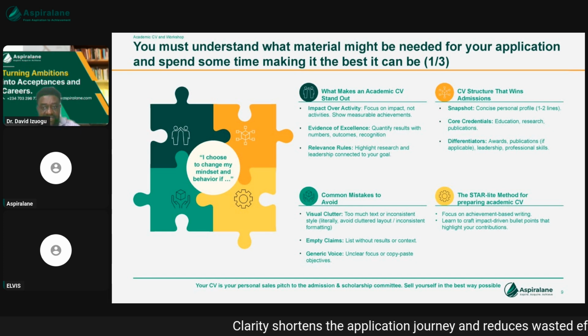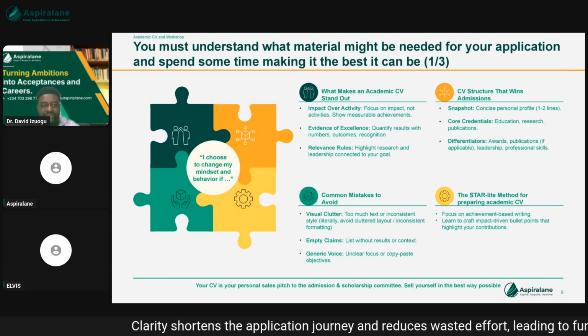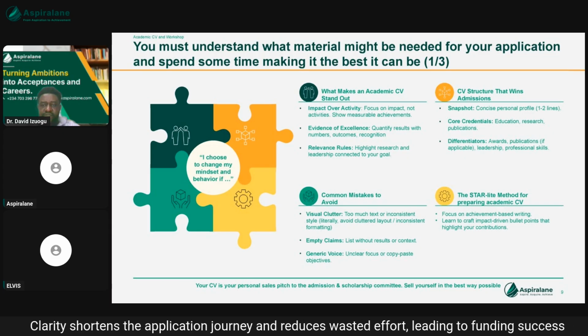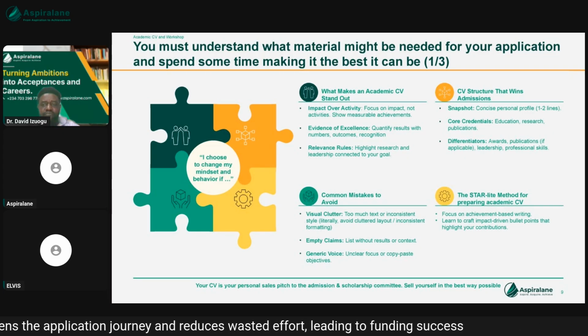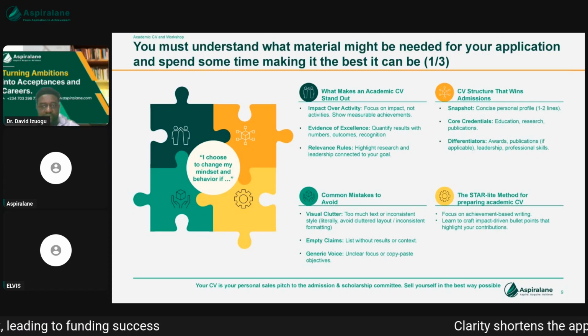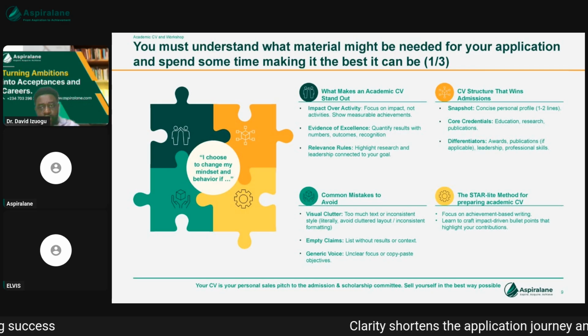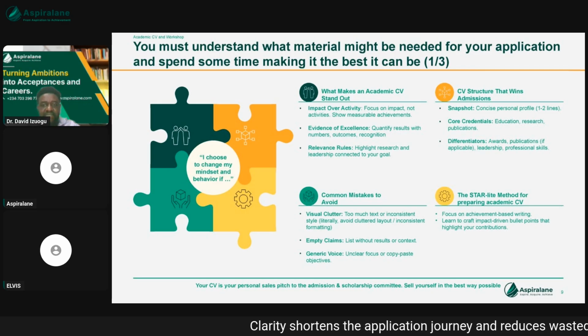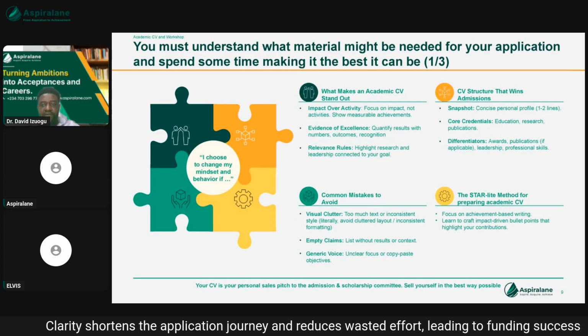So these are the differentiators. You see that I have called them the differentiators because those are the things that make you stand out. An average CV will just have your education, the research and publication, and there it is. But among all of that, there are things that can make you stand out, and those are these things that I have called out.